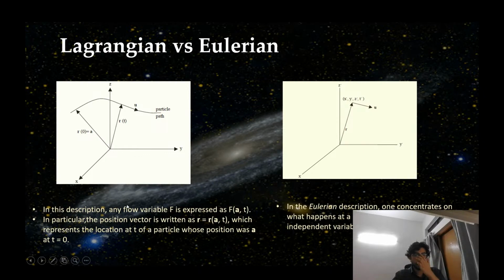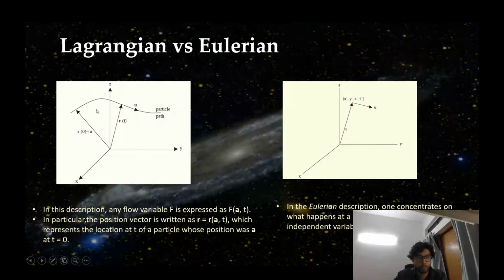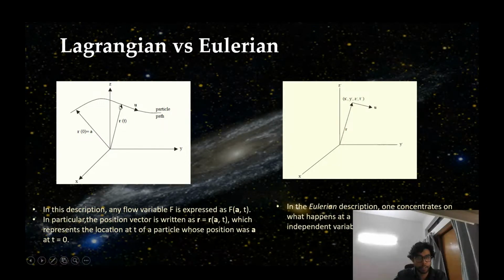So, as I said, in the Lagrangian approach, a flow variable could be expressed in terms of A and t. So A is the initial position of the particle. So this R0 is A. So if the particle starts from here and you follow the particle, it will have different position at different time. R is a function of time. And this particle will have different flow variables. This will have a U at this particular instant, a different U at different instant, and so on.